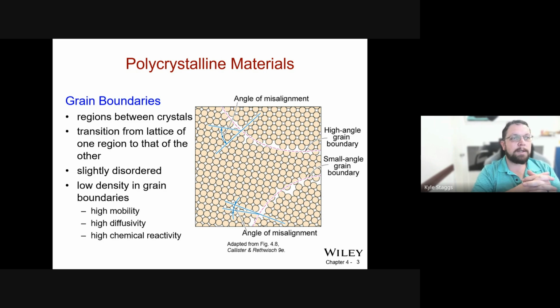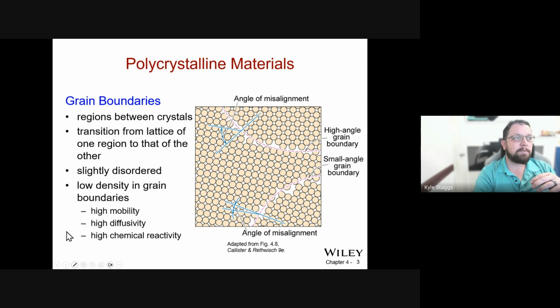The high chemical reactivity makes sense when you think about the difference between a molecule coming in to try and Hulk smash the middle of a grain, where everything is nice and rigidly defined.